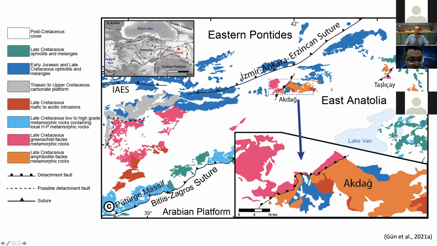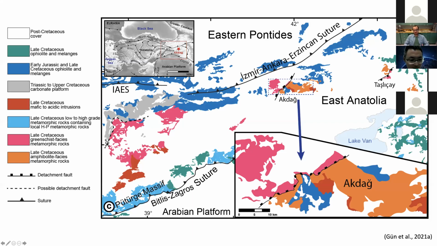But these detachments were active prior to that, from 80 to 70 million years ago. There is also other evidence, a similar pattern, with higher grade metamorphic rocks exhumed to the surface levels. And again, there's probably a similar extensional deformation that occurred on the western side of the Eastern Anatolia too.